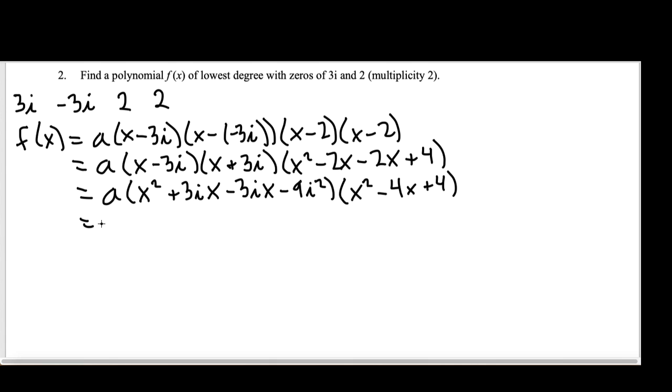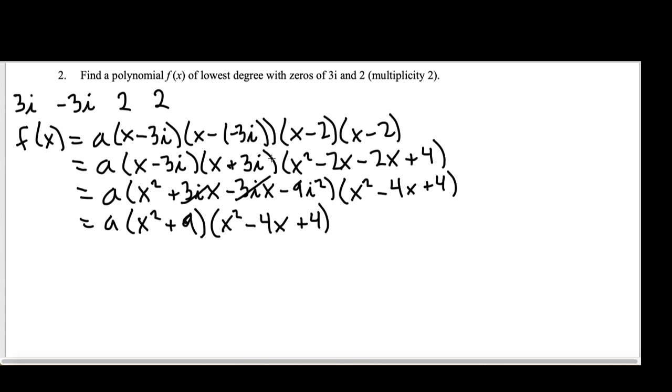Obviously here the plus 3ix and the minus 3ix cancel, so I'm left with x squared minus, and also i squared is equal to negative 1, so this becomes just x squared plus 9 times x squared minus 4x plus 4.